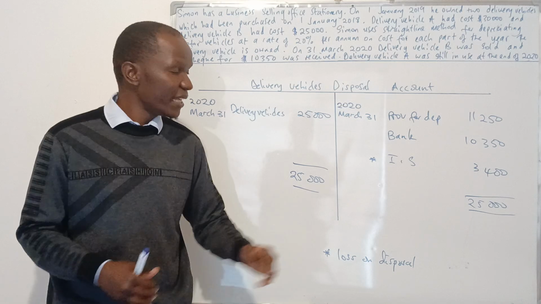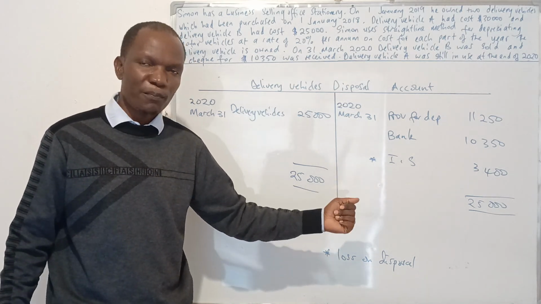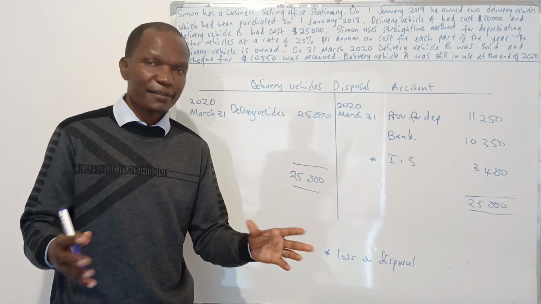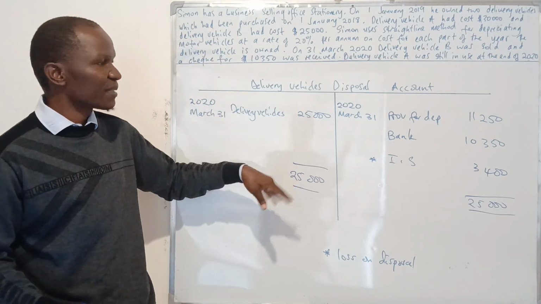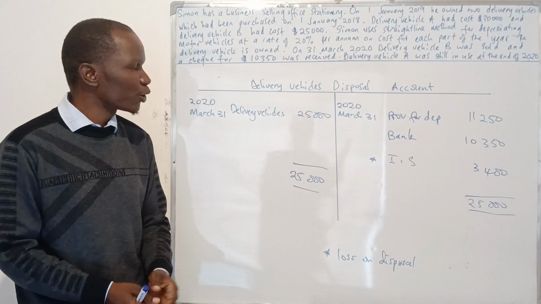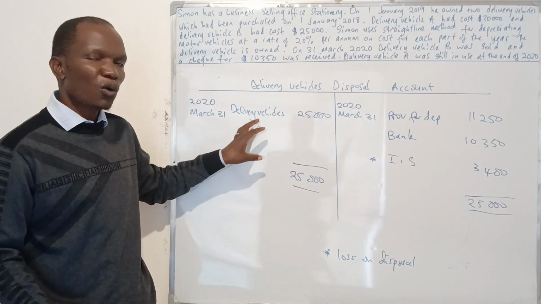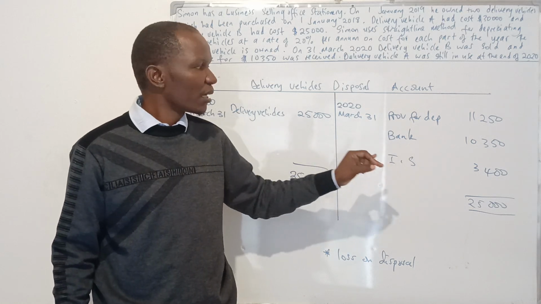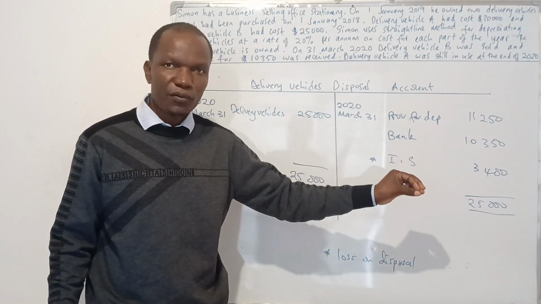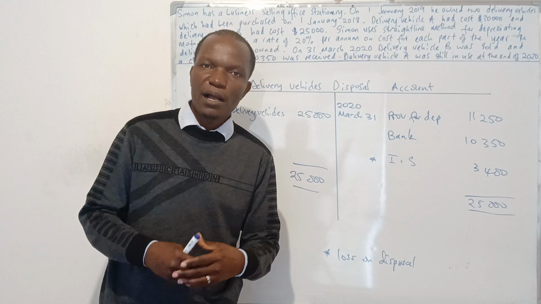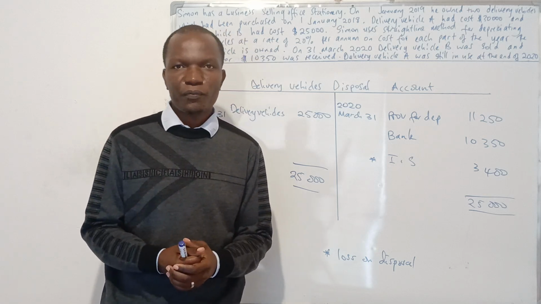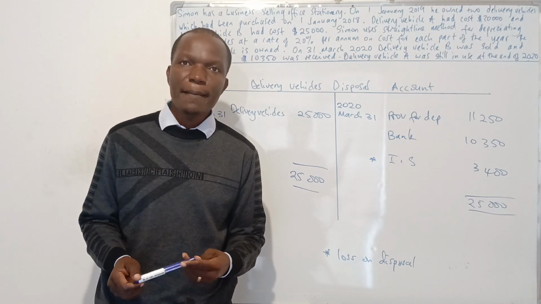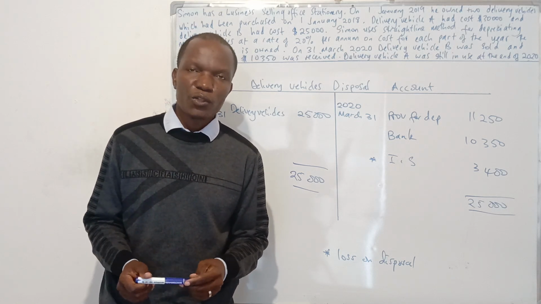So here you deduct it because it's a loss on disposal. That's how you do the disposals accounts. It's just an issue of debiting the disposal with the cost of the non-current asset and crediting the provision for depreciation total and the amount we are receiving, so that we see whether it was sold at a profit or at a loss. This is the question that I took from November 2021, variant 2.1.